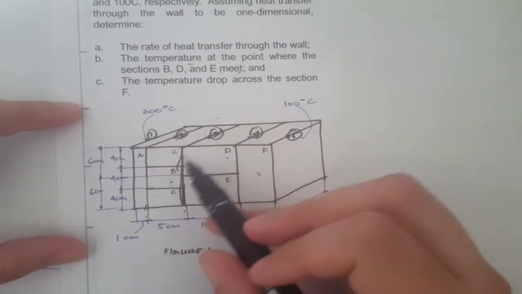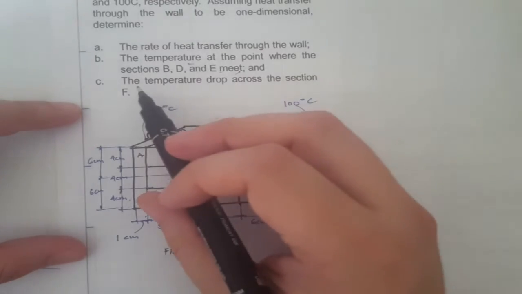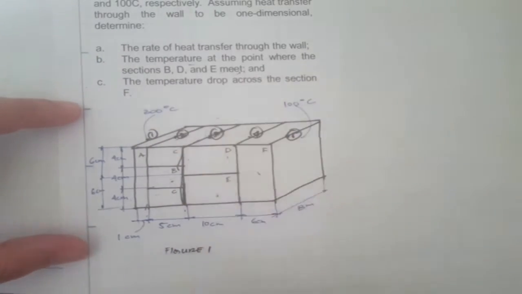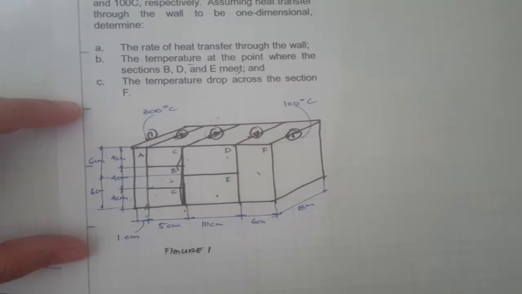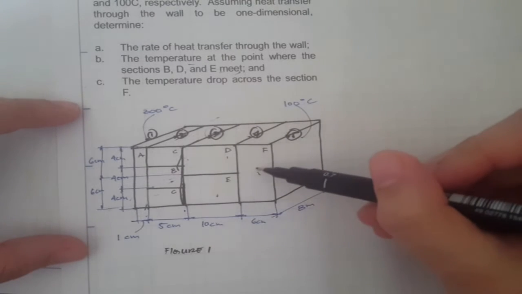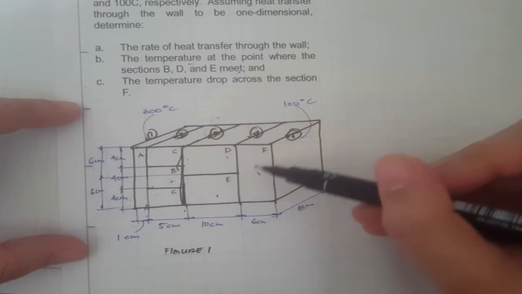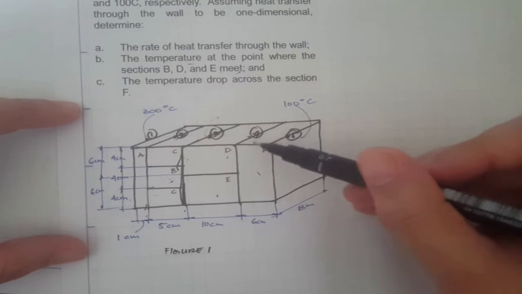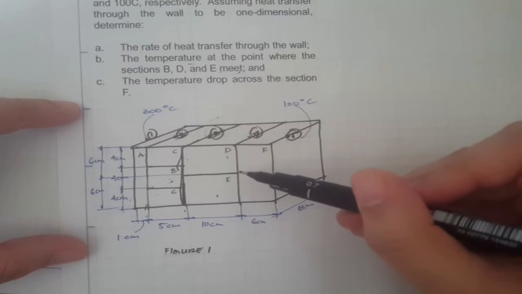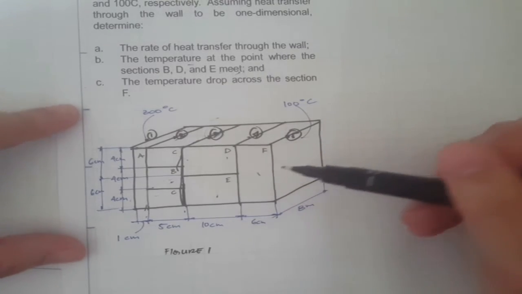Okay, so at point 3. And C, determine the temperature drop across the section F. So this is our F, and we need to determine the delta T from point 4 to 5, and that is across F. Okay.